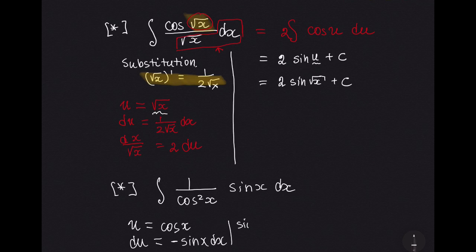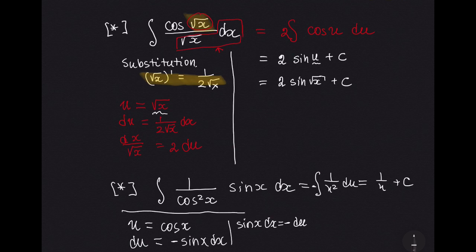So sine x dx is going to be negative du. So in the end, after making the substitution, we are going to get the integral of negative 1 over u squared du. And from one of the previous examples, we know that this integral is 1 over u plus a constant.